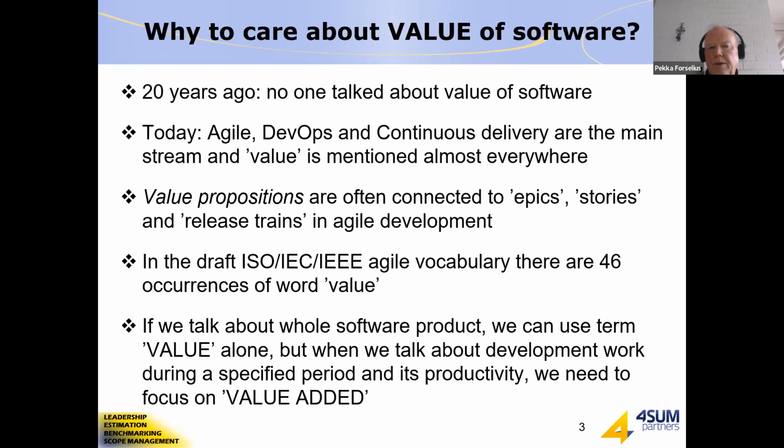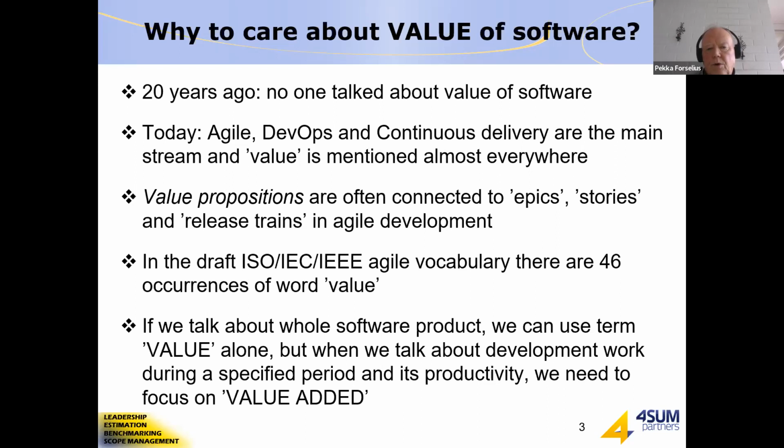So ISO is nowadays collecting agile vocabulary. There is a working group 29 in ISO IEC SC7 dealing with agile and DevOps. And they have collected from other already published standards or draft standards different definitions for agile terms. And there were 46 occurrences of word value when I checked the latest version.